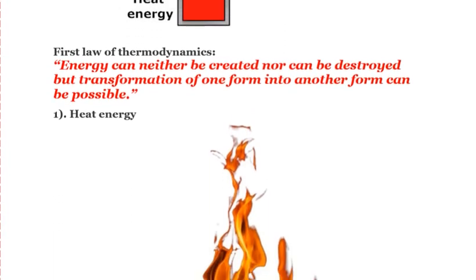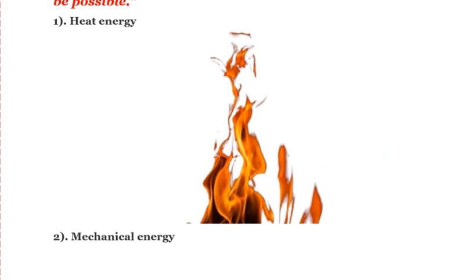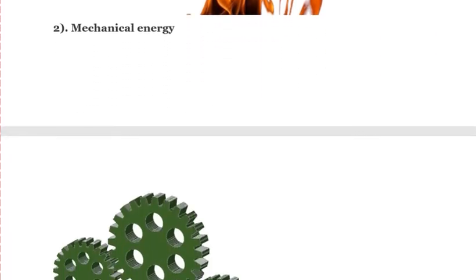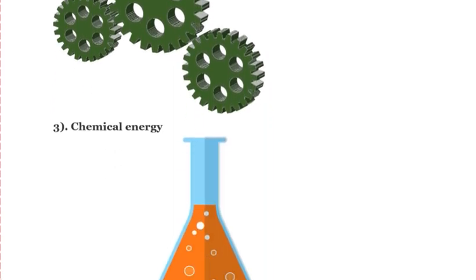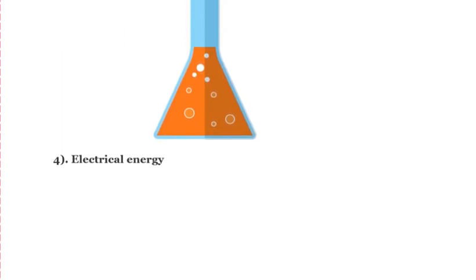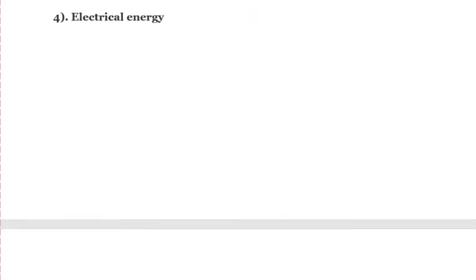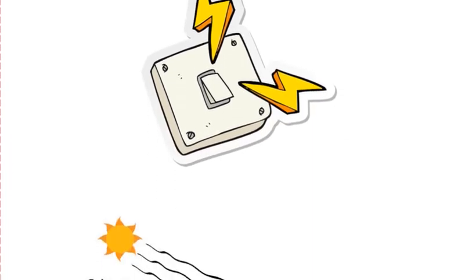So we have heat energy. So kung makita nyo, we have also mechanical energy, may mga movement. We have also your chemical energy. So we have your electrical energy and a lot more ng mga pwede natin gamiton nga types of energy.